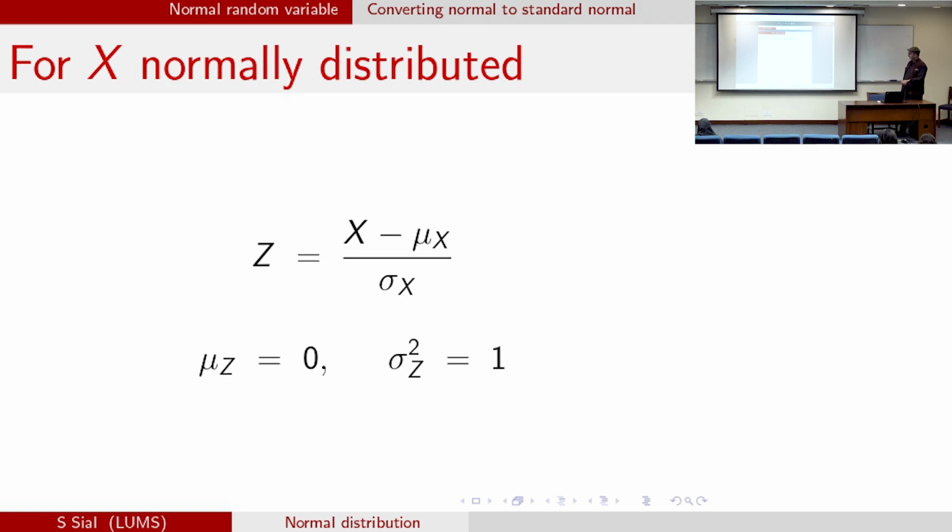Right? And in fact, in this case, where x is a normal random variable, the result is also a normal random variable, and in fact, it's the standard normal random variable, which we usually call z.